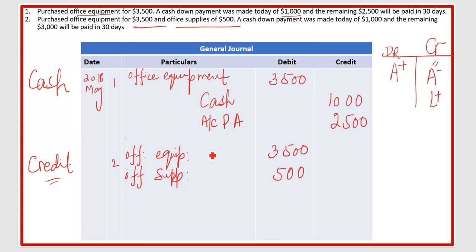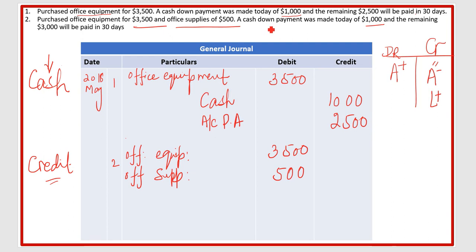Right now you have to decide how you have paid for this office equipment. As I have told you, there are only two methods, cash and credit. Cash, debit card, and checks also come in the category of cash, and the second is credit card. Maybe you are using your credit card. So see here, a cash down payment of 1,000 was made again.